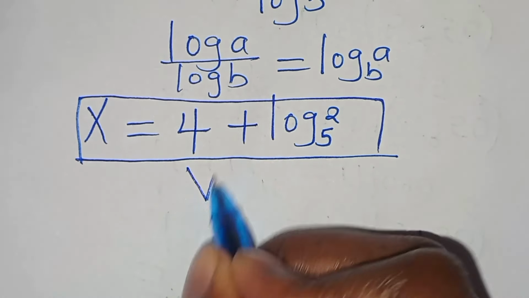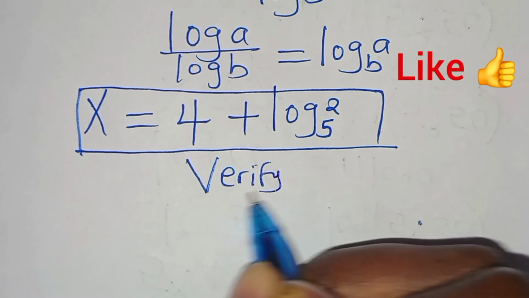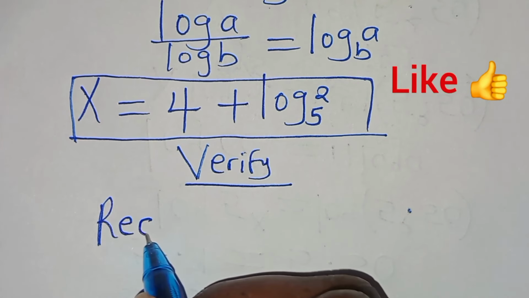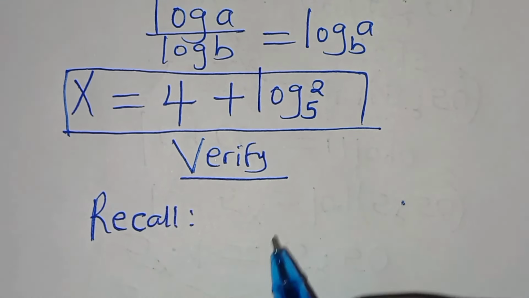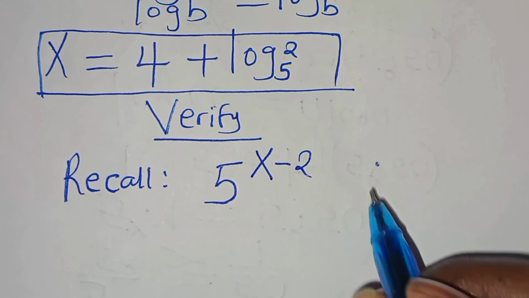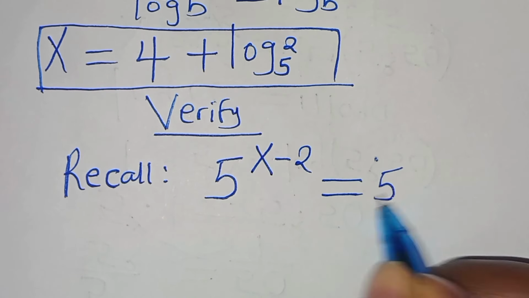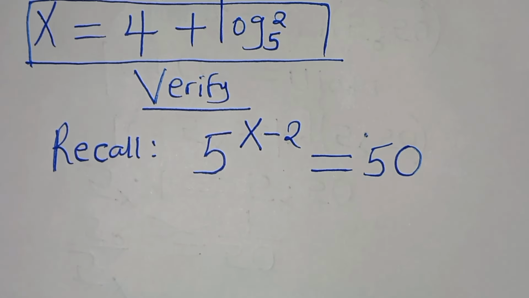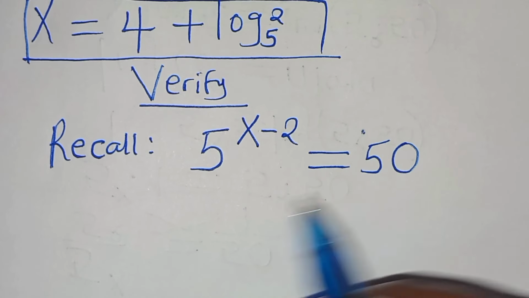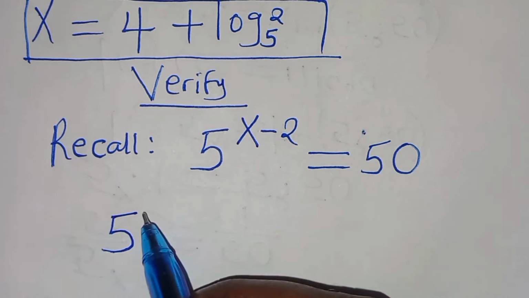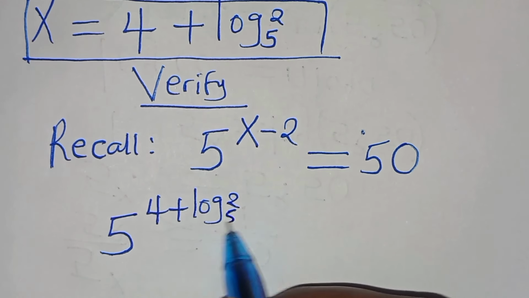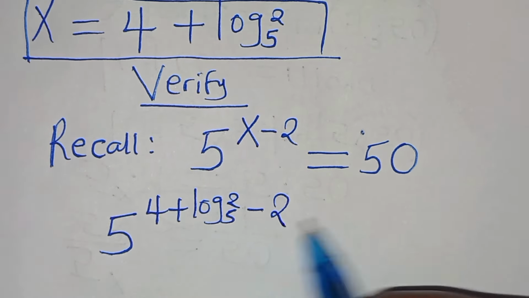The next step is to verify that this value of x satisfies the equation. Now, if you recall, we have that 5 to the power of x minus 2 should give us a value of 50. So let's substitute the value of x here, so that now we have 5 to the power of 4 plus log 2 to base 5, minus 2.